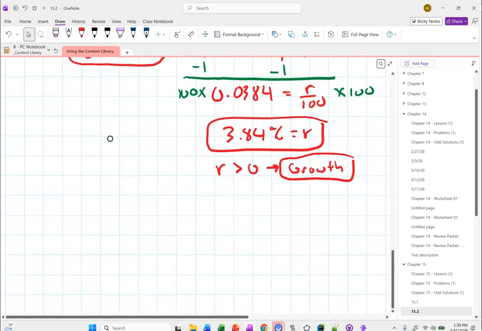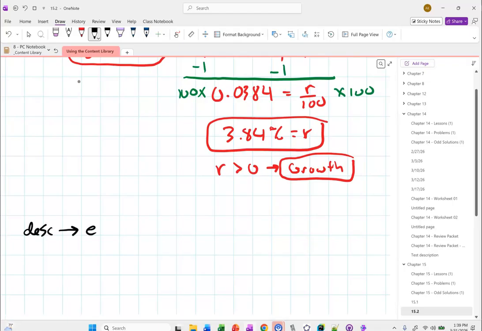All right. Now let's look at going from a description to an equation, right? Here we went the reverse, from the equation to a description.